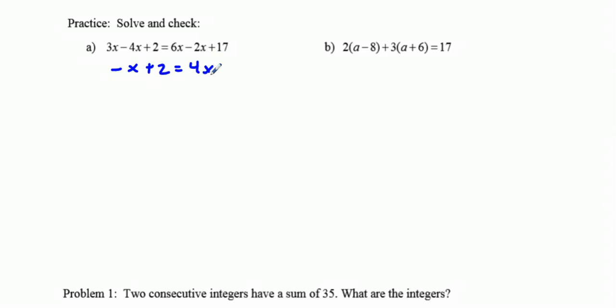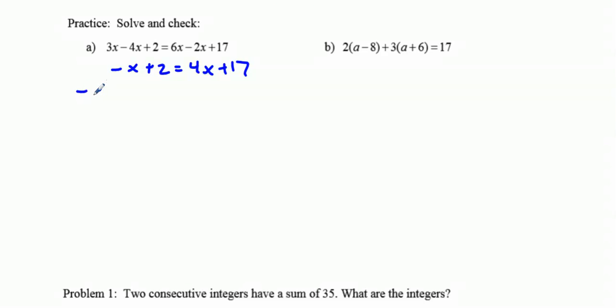Okay, so what I'm doing for this one is I'm simplifying first as much as I can on each side of the bracket. So this is minus x when I combine these x's. This is 4x. And now I'm going to either add x to both sides to get rid of that one, or I could subtract 4x, which is probably what most of you did, so I will do that.